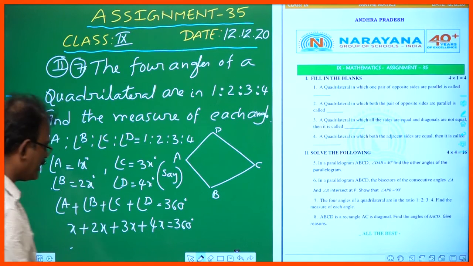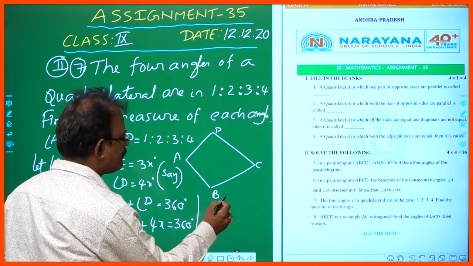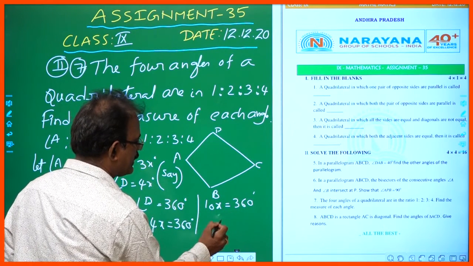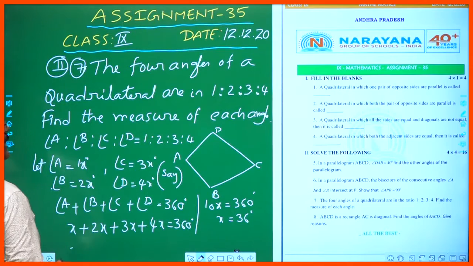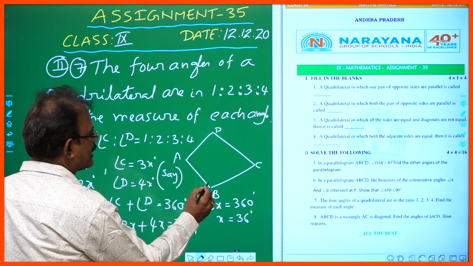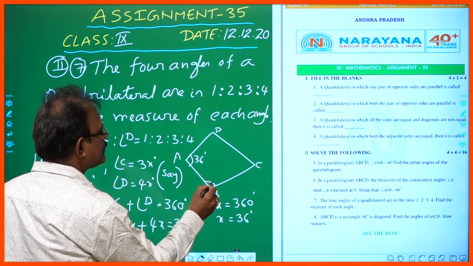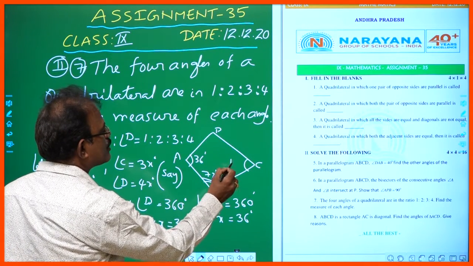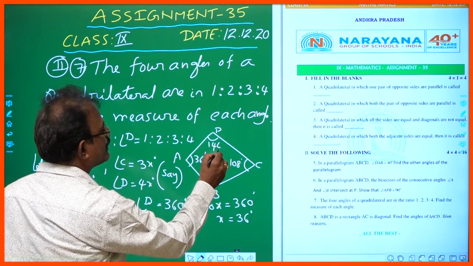So 3 plus 3 is 6, plus 4, 10x is equal to 360. So x is equal to 36 degrees. So what are the angles? Angles are 36, 2 into 36 is 72, 3 into 36 is 108 degrees, and 4 into 36 is 144 degrees.